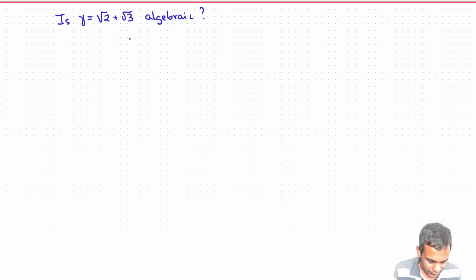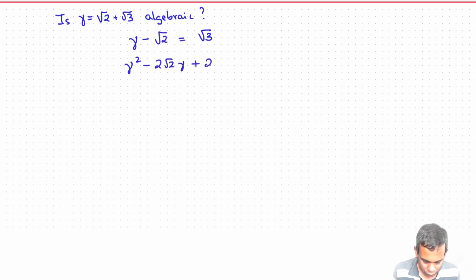So look at this gamma. We want to find a polynomial such that gamma satisfies this polynomial. So gamma minus square root 2 is equal to square root 3. If we square that, we get gamma squared minus 2 root 2 gamma plus 2 is equal to 3, which we can rewrite as gamma squared minus 1 is equal to 2 root 2 gamma.